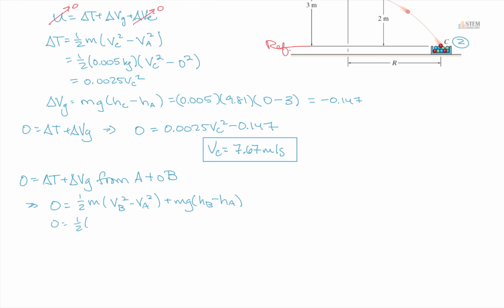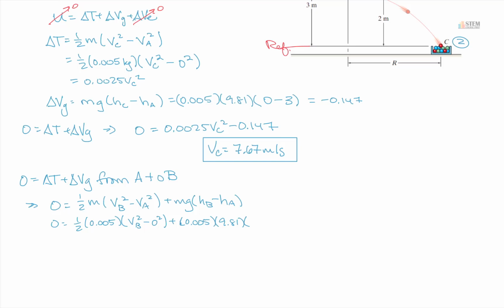We're going to have 1/2, mass is 0.005. VB is what we're looking for, so just leave it as VB squared. And then minus VA squared. Well, VA was 0 because it was at rest. And then we're going to have plus M, so 0.005, G is 9.81.